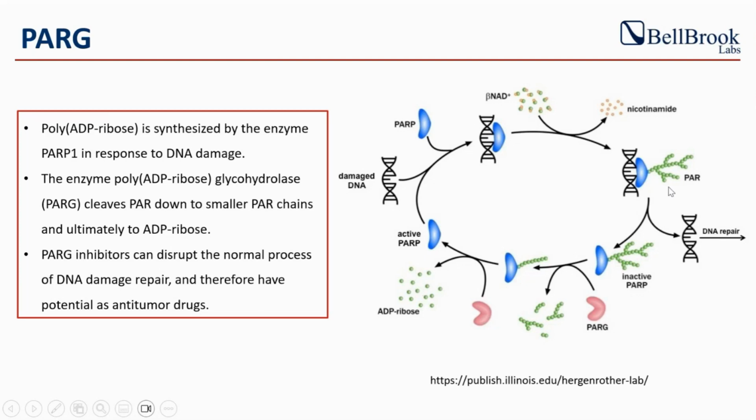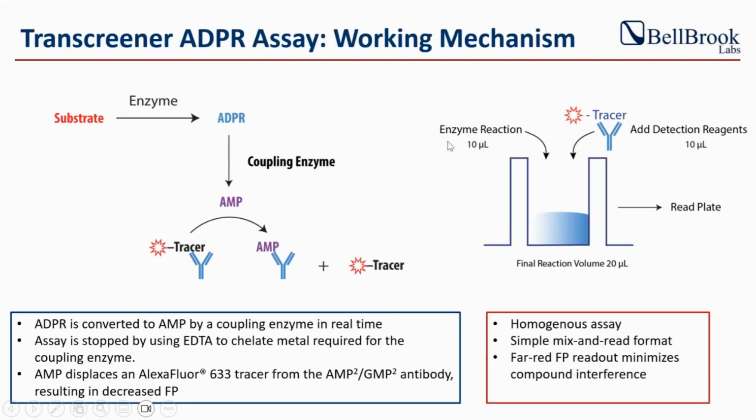That helps to recycle PARP1 or negatively regulate the process. As a result, if we inhibit PARG, we can disrupt the normal process of DNA damage repair, and therefore it has potential as an anti-tumor drug.